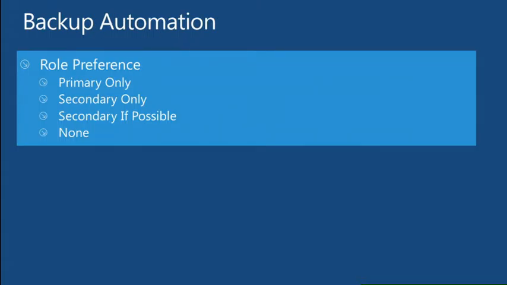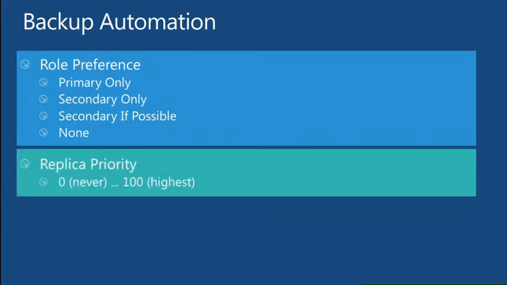Backup automation. Okay, so we allow you to take backups in different places. We let you specify where you want these backups to take place. So you can say, I want to take the backups only on the primary, or only on the secondary, or preferably on the secondary, but if the secondary isn't available, take it on the primary. Or I don't care, take it anywhere it's available. So you can specify all these options.